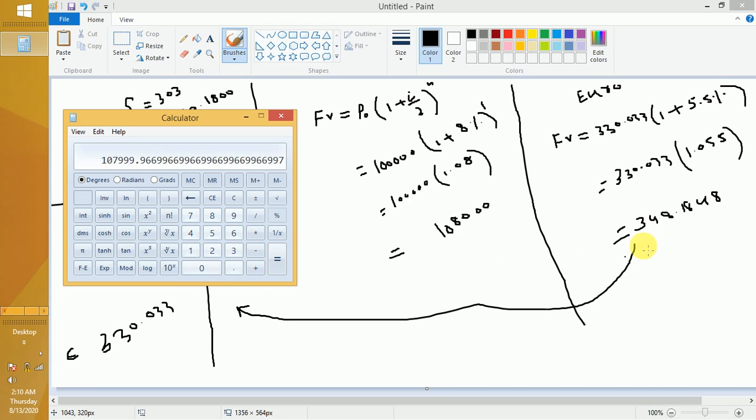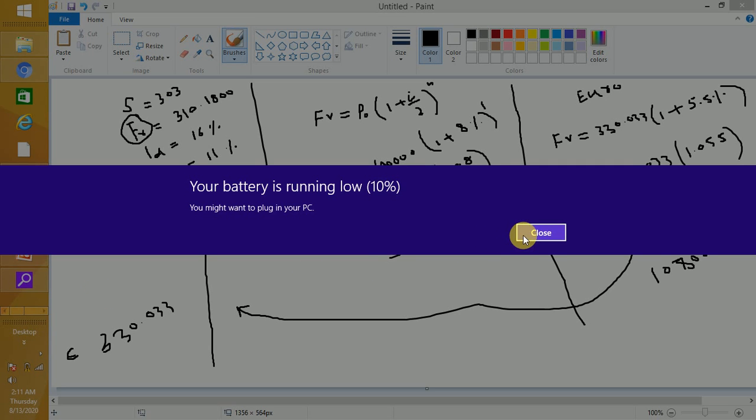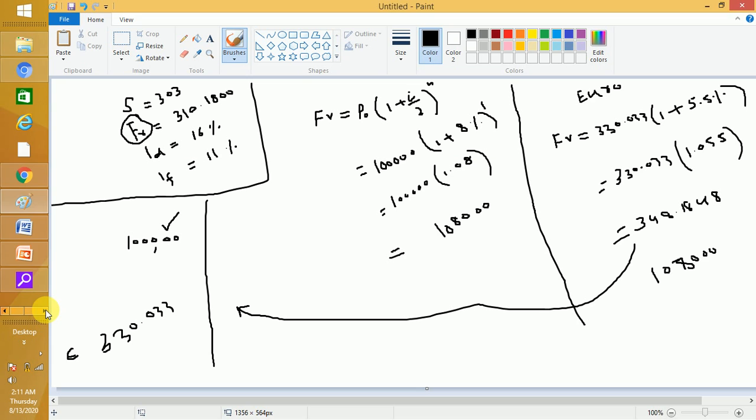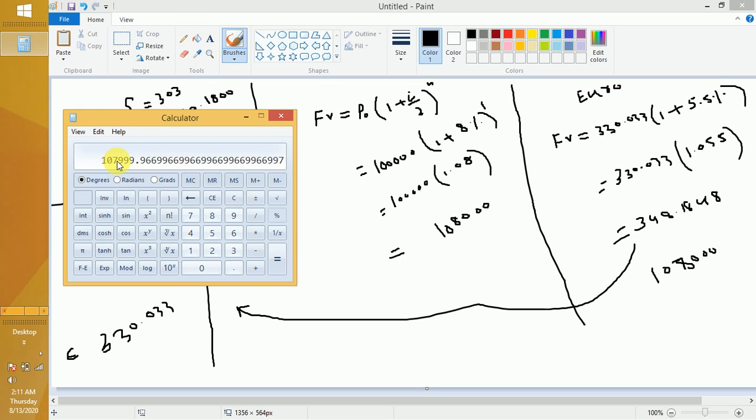So see, we got 107,999. Check this out again. It is 107,999. When we round it, again we will get 108,000.